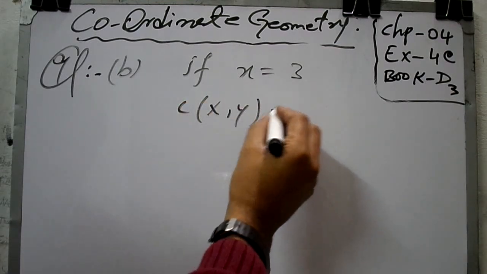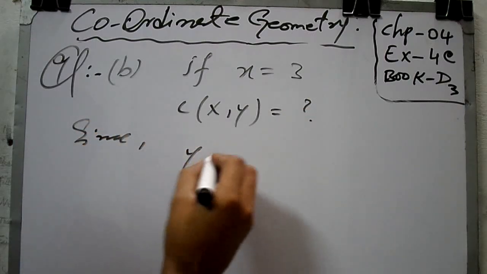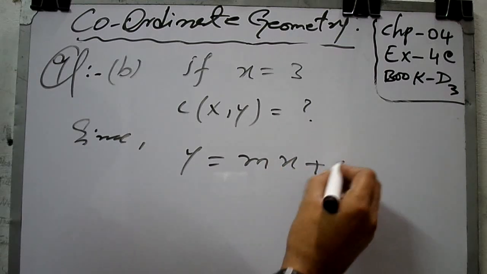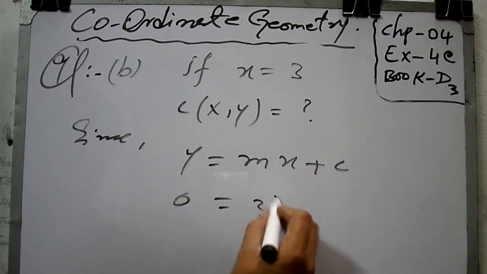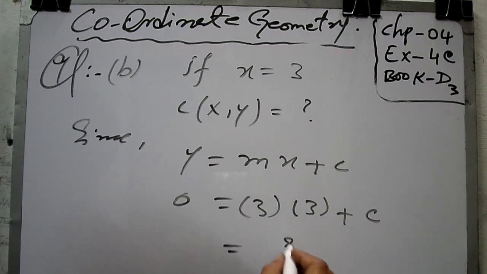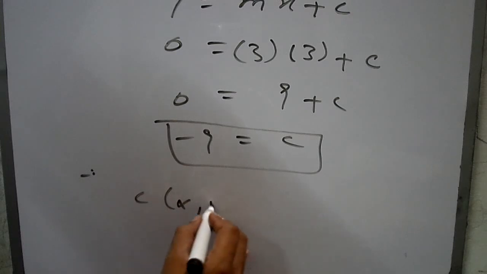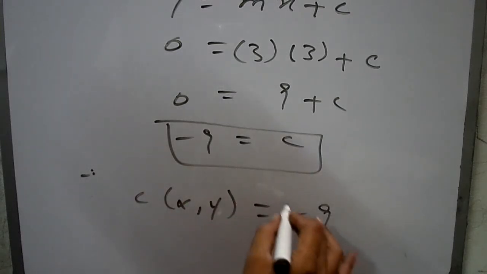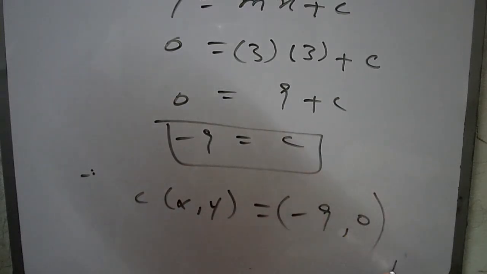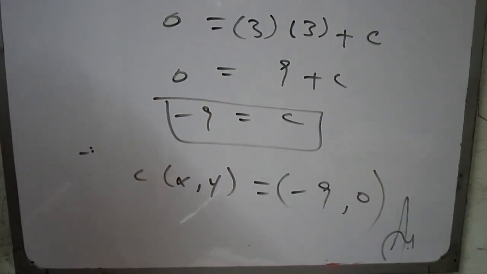That is the coordinate of point C. Since we have the equation y is equal to mx plus c, putting the values, the slope value is 3. So the value of c is 9. Therefore minus 9 and 0 is your required result.